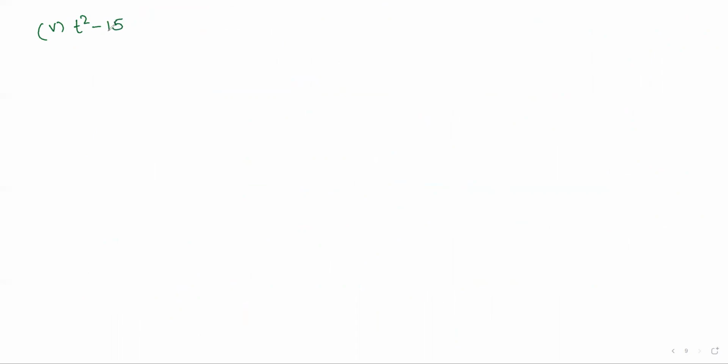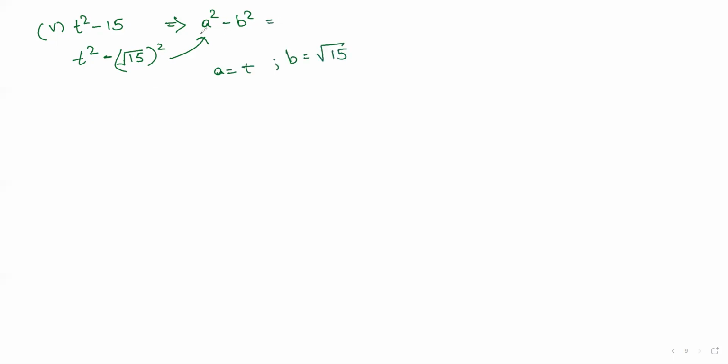Again, we do not have one term over here. We do not have the middle term over here. We cannot have anything common over here. This looks something like a square minus b square. 15 is not a complete square. So, you can write 15 as root of 15 whole square. Now it looks something like a square minus b square, where a is equal to t and b is equal to root 15.